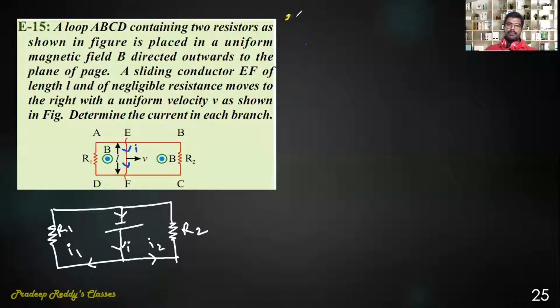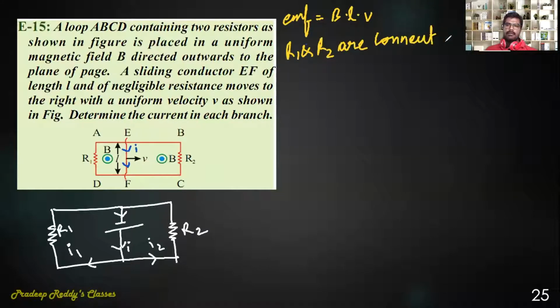So EMF induced will be equal to BLV. B is magnetic field, L is length of the conductor, V is velocity. This is as usual BLV, that is EMF produced in the circuit. Now R1 and R2 are connected to the same battery. They are in parallel.